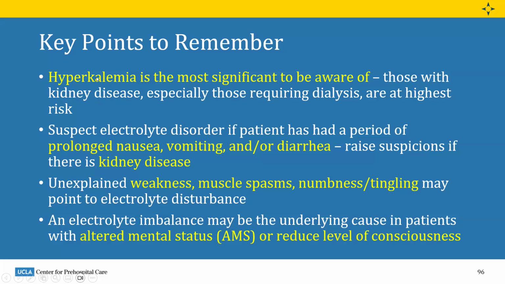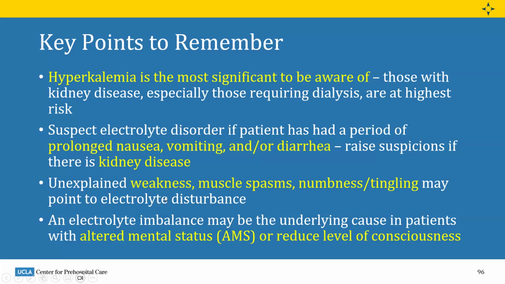Okay. So I know that was a lot, and here's a summary to share what's the most important when it comes to electrolytes. Hyperkalemia, so high levels of potassium, is the most important to be aware of, right? People with kidney disease or who need dialysis are at the highest risk. So you should be aware if someone is having an electrolyte disorder or imbalance, if they've had a lot of nausea, vomiting, and or diarrhea, or if there's kidney disease, we have to worry about their electrolyte balance, right?